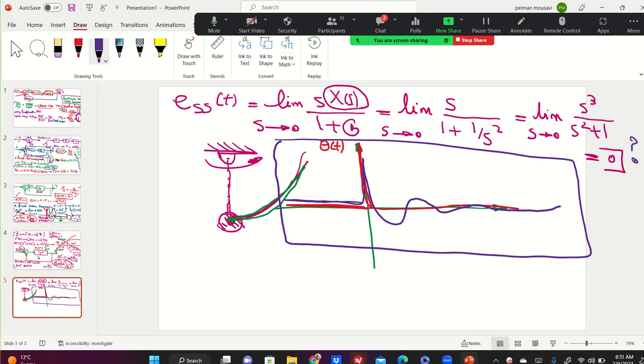So this is the error signal. I just wanted to give you the picture of the error signal. Understand everyone?